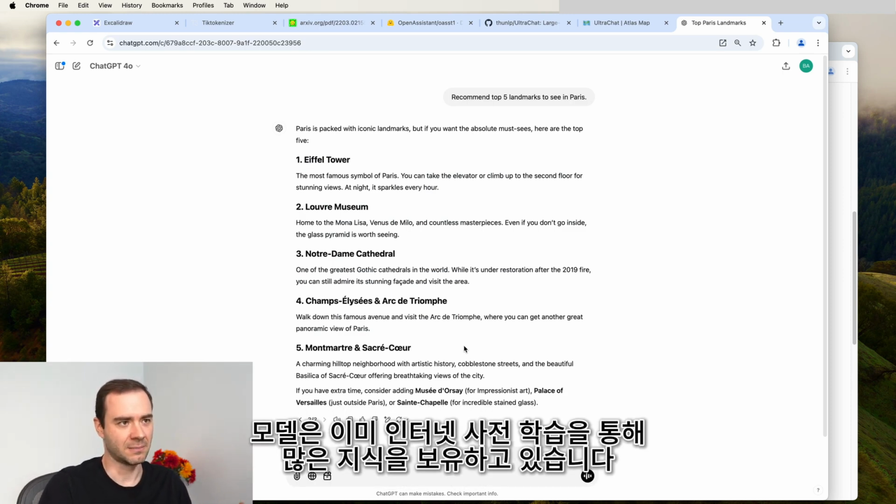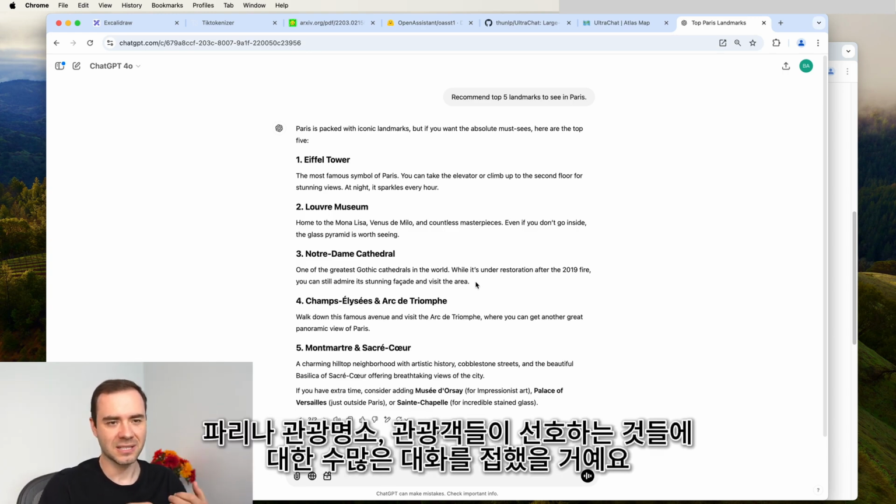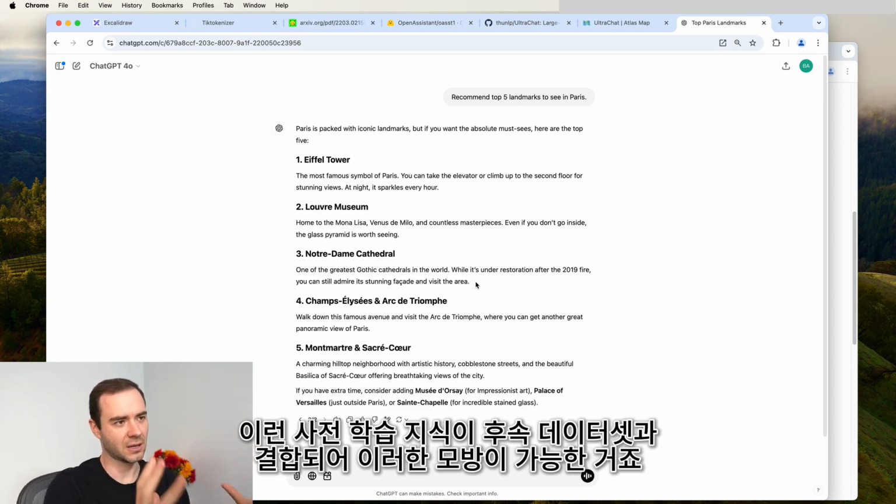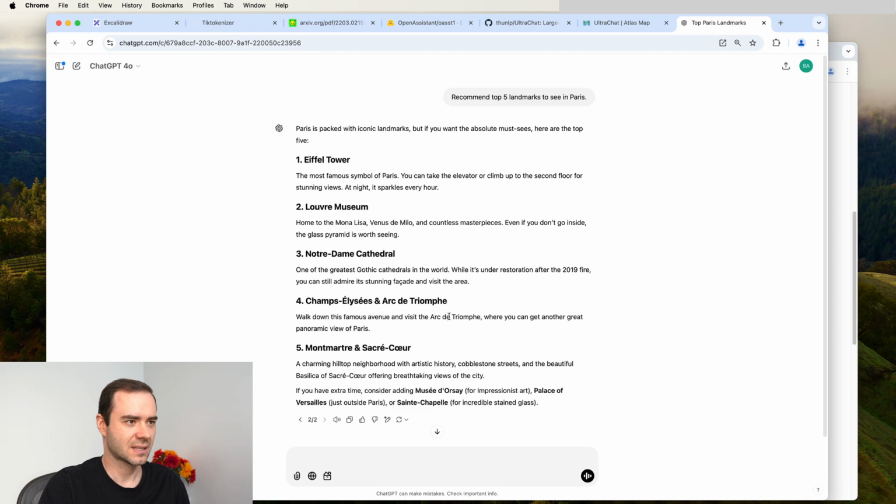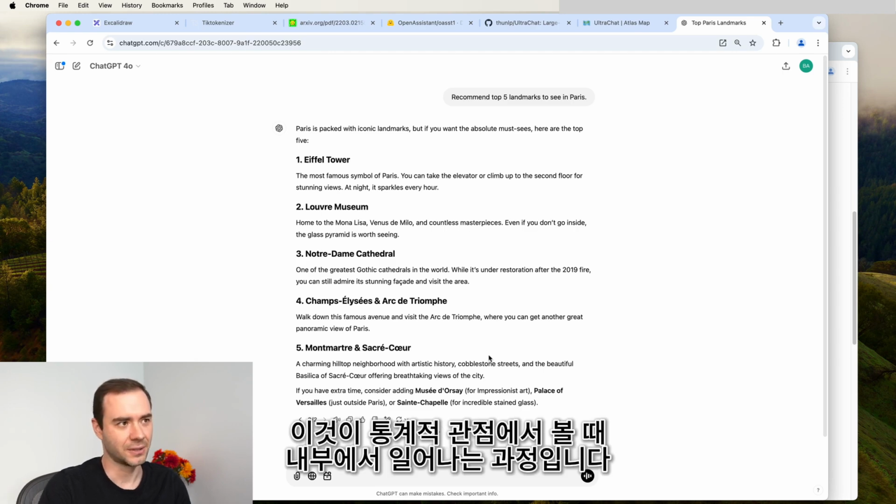And remember that the model already has a ton of knowledge from its pre-training on the internet. So it's probably seen a ton of conversations about Paris, about landmarks, about the kinds of things that people like to see. And so it's the pre-training knowledge that is then combined with the post-training data set that results in this kind of imitation. So that's roughly how you can think about what's happening behind the scenes here in the statistical sense.